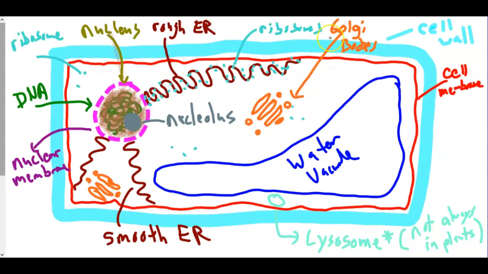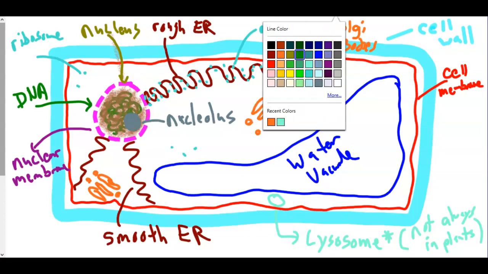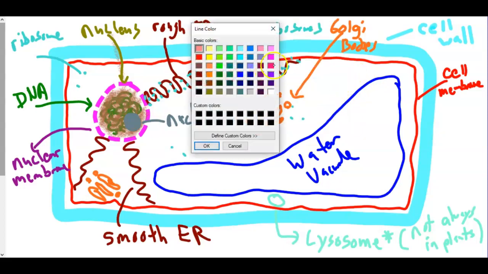So to draw this, I am going to use, let's see, I need like a hot pink maybe for our mitochondria. So mitochondria have kind of a specific looking shape.